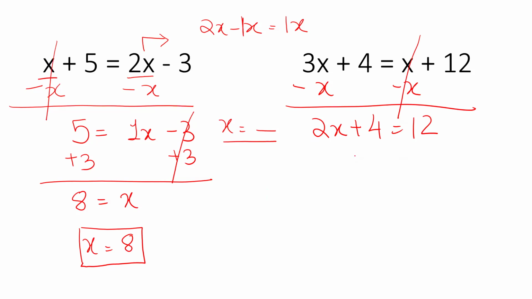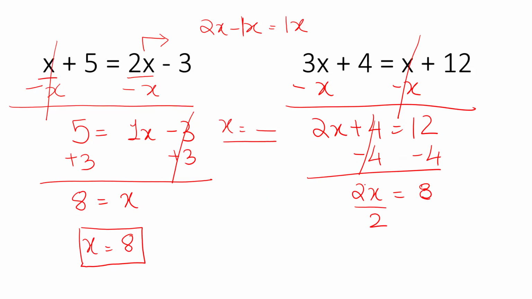So in this case, we are doing the inverse operation. Again, we are going to take away 4 from both sides. So now we have 2x equals 8. And now, in order to find x, we have to divide by 2 because this is 2 times x.